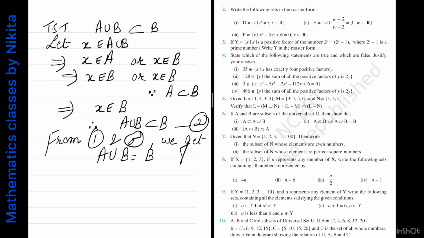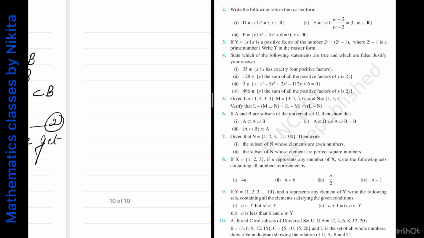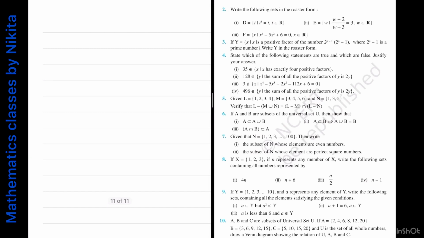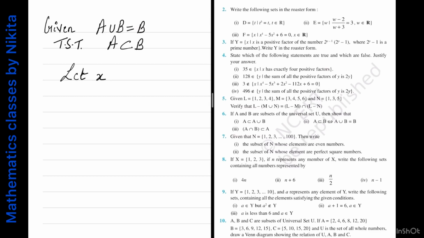Now we will prove the converse part. In the converse part, it is given that A union B is equal to B, and you have to show that A is a subset of B. So let us take any element x in A. So let x belong to A. This implies x belongs to A union B. But what is A union B?